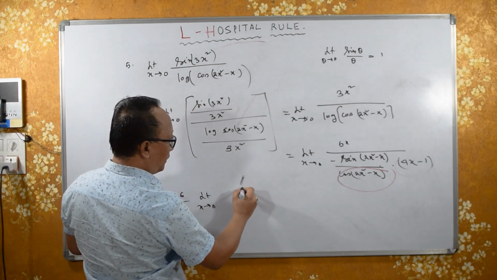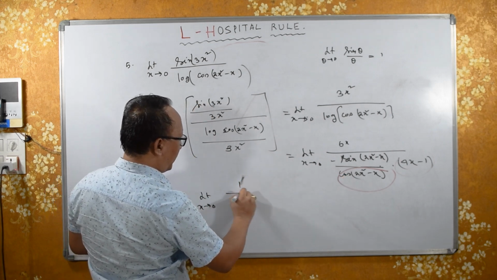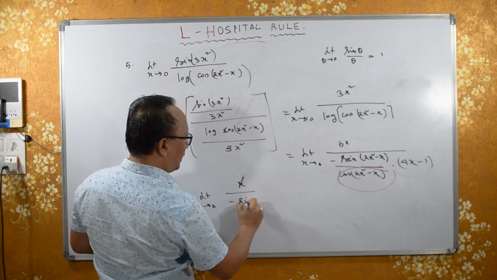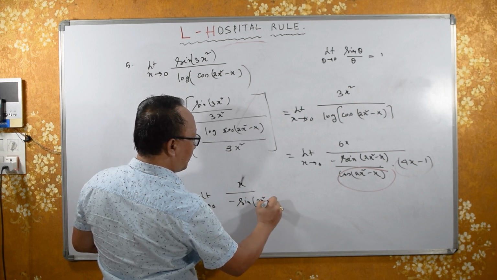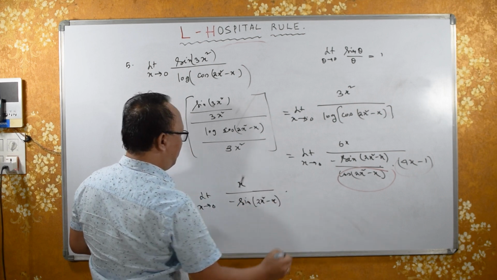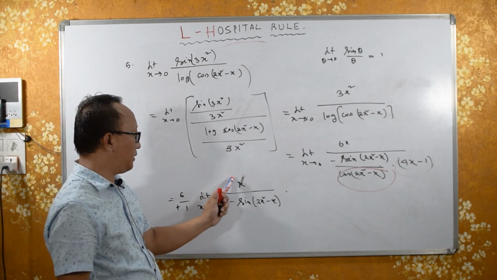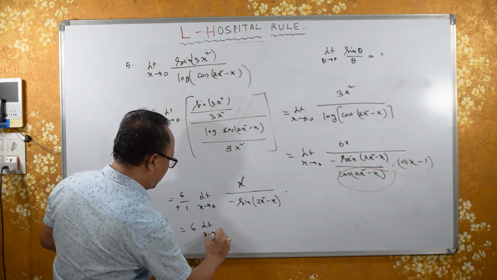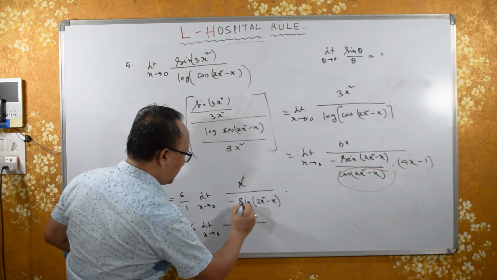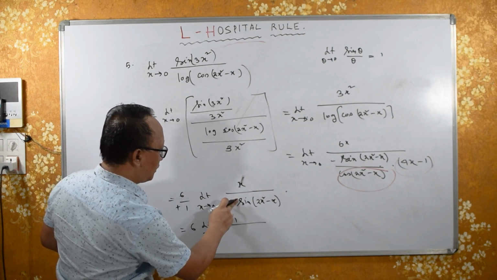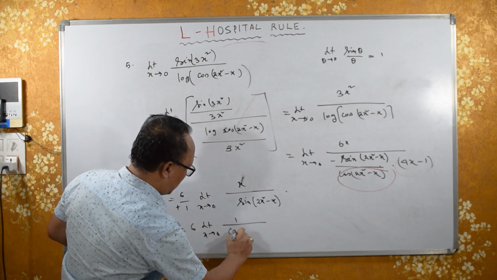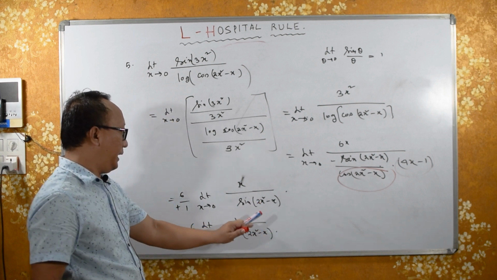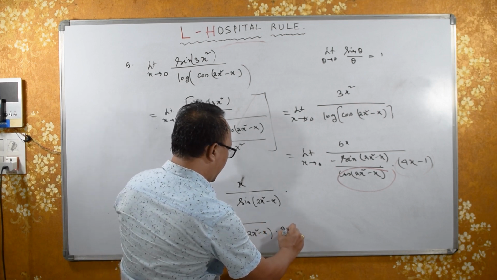Limit of 1 upon, we have minus, x upon sine of 2x square minus x. Again differentiate with respect to x. This is the same as 6 limit of x tends to 0, differentiation of x is 1, differentiation of sine is cos of 2x square minus x, again differentiate this, it becomes 4x minus 1.